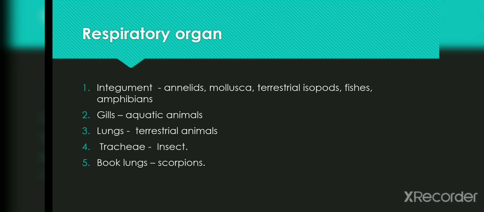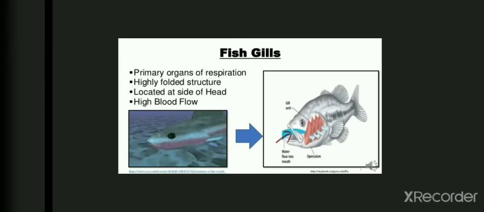Second example is gills. We know that the gills are usually the respiratory organ of aquatic animals. The gills are vascularized, ciliated, and motile. Gills can be divided into two types, that is external gills and internal gills.